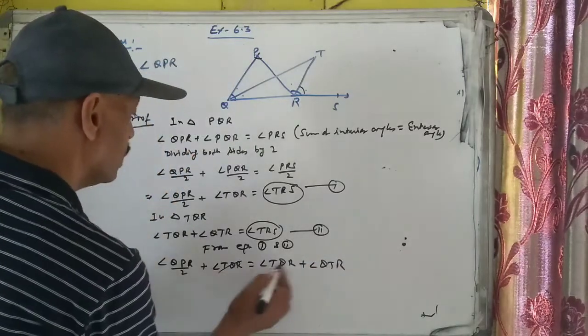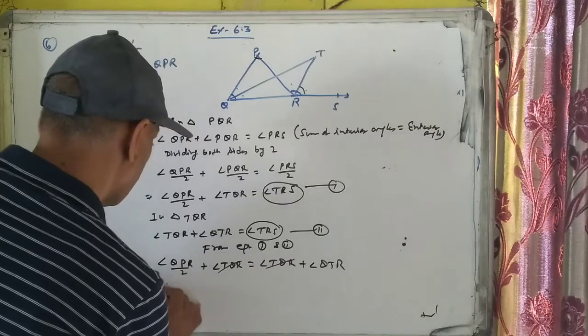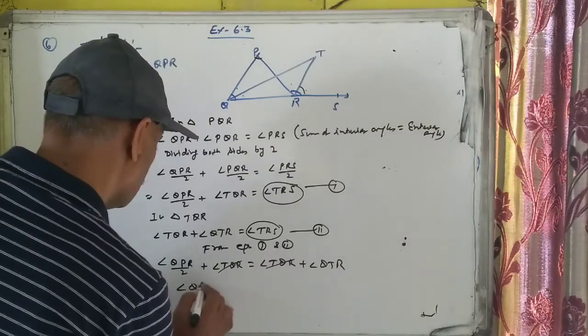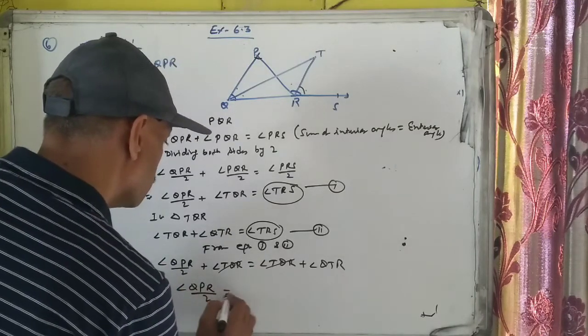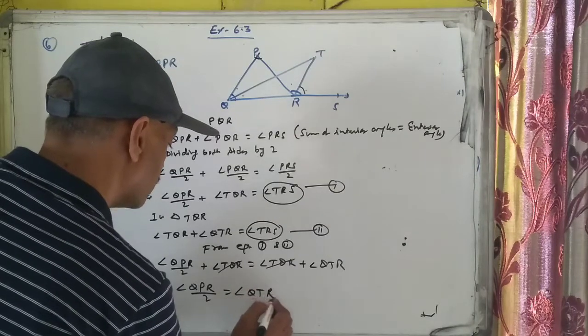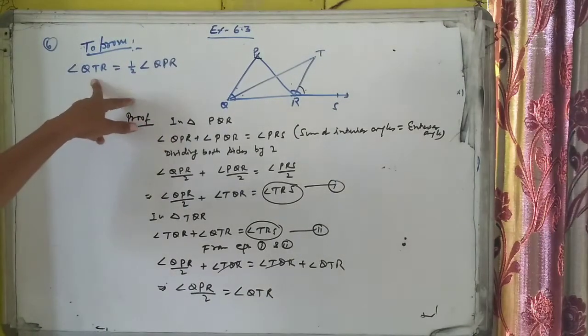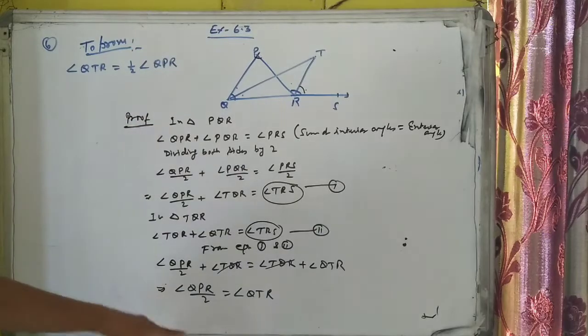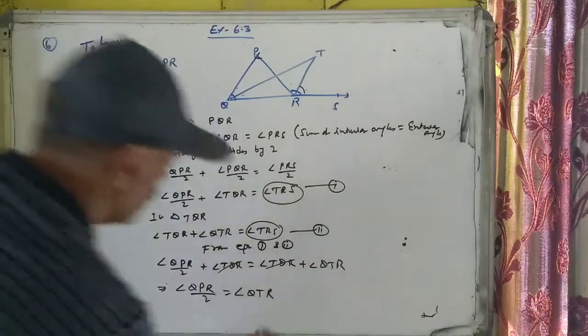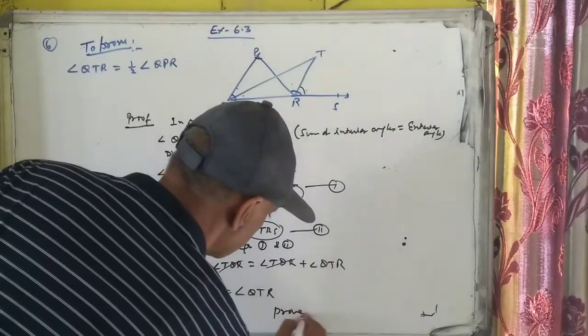This TQR and TQR are cancelled. Now we are having QPR by 2 equal angle QTR. And this is the desired result. Just see QPR by 2 equal QTR. And in this way, this question has been proved.